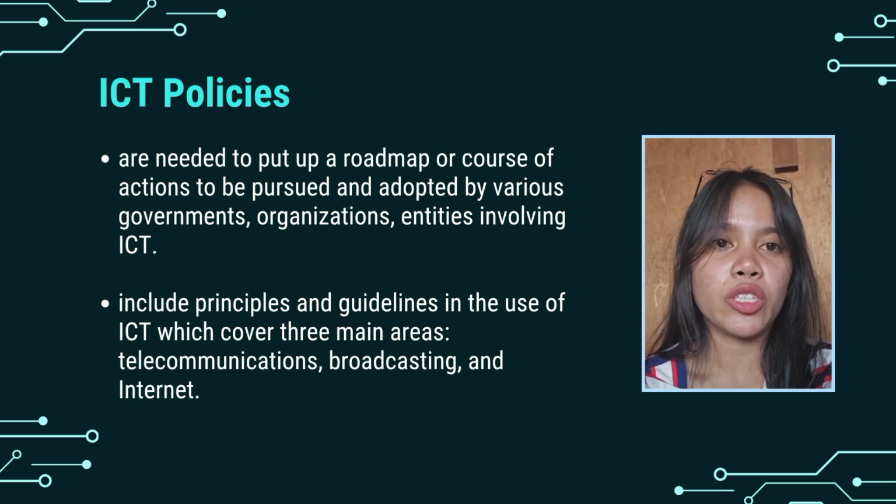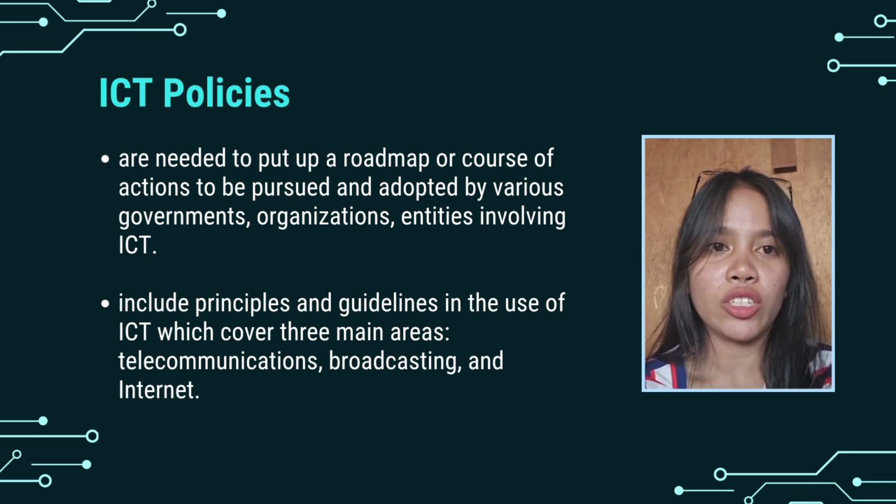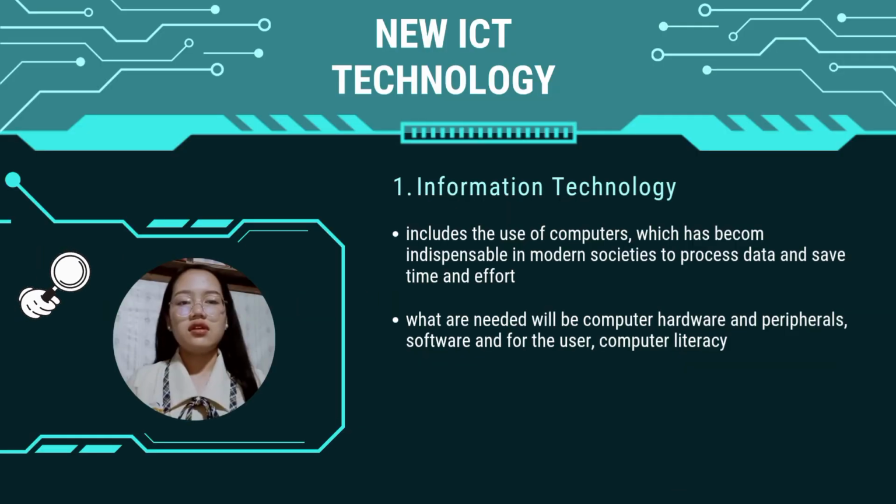This includes principles and guidelines in the use of ICT, which cover three main areas. First, we have telecommunication, or the telephone, broadcasting, radio and television, and also the internet. The first one is information technology.